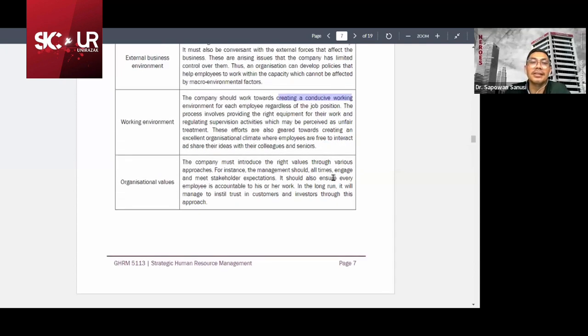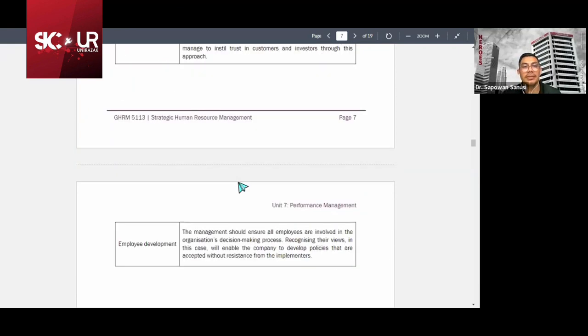And then organizational value. Go back to the organizational culture that can create a high performance working system. Ada dalam chapter 6. Chapter 5, sorry. The company must introduce the right value through the various approach. For instance, the management should all the time engage, meet stakeholders' expectation. Stakeholder ni banyak.